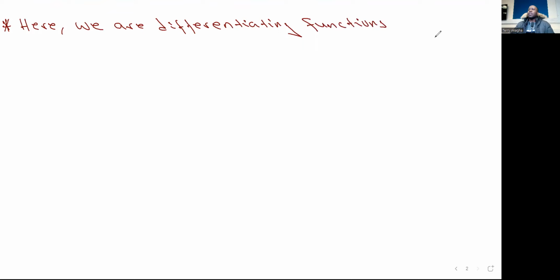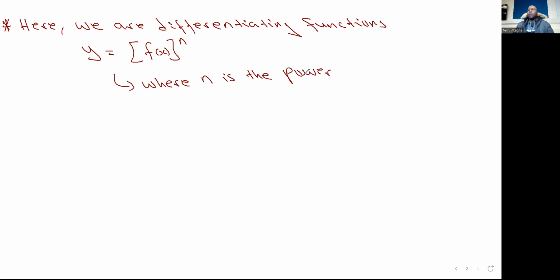We have, for instance, y is equal to a function f of x, all raised to the power n, where n is the power and f of x is a function. It could be a polynomial, a quadratic equation, or it could be anything, an exponent, it depends, okay?